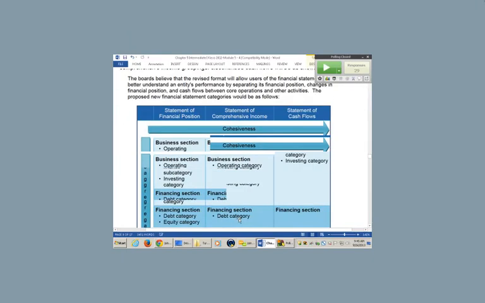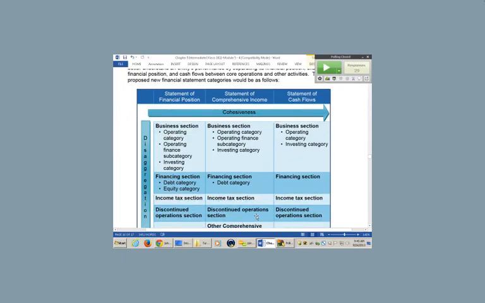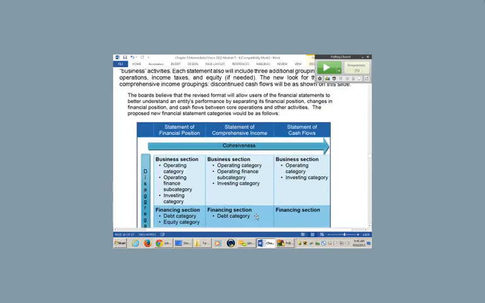If you take a look at this diagram, what the standard setters are trying to do is get the balance sheet and the statement of comprehensive income, which is net income plus other comprehensive income, to line up with the cash flow statement, so that you've got operating assets, you can compare them to operating income, and you can compare that to operating cash flow.